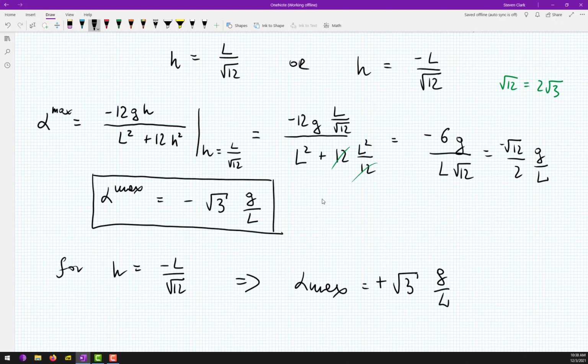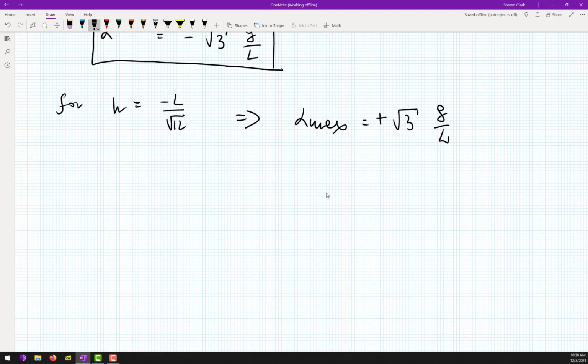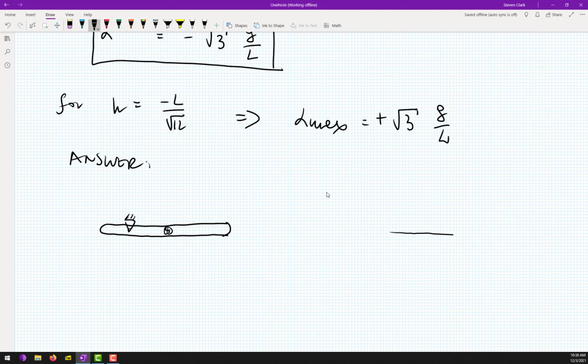Okay, so just to finish that problem, let's do these two drawings. So this is our answer. We will have our maximum acceleration obtained for this scenario and this scenario. This distance will be exactly the same as this distance.